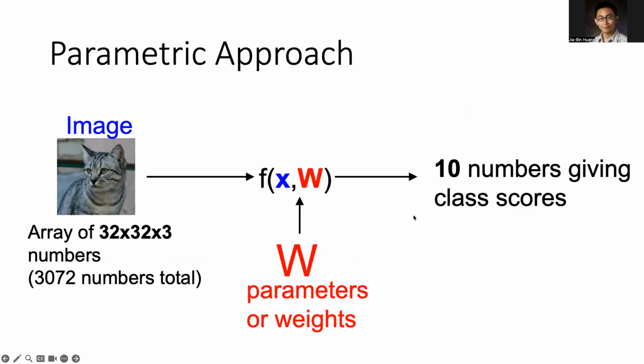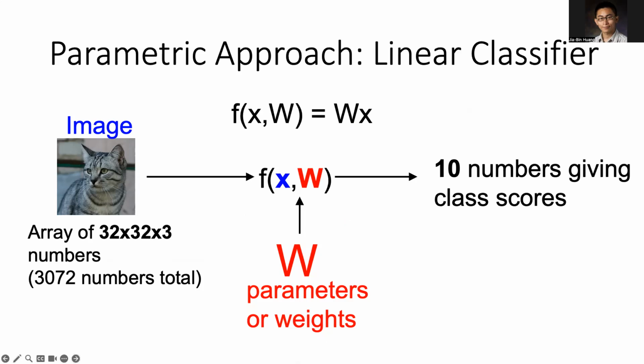Then this is a function driven by these parameters, and it will give you 10 numbers. More concretely, in the linear classifier case, W is going to be a 10 by 3072 dimensional matrix.